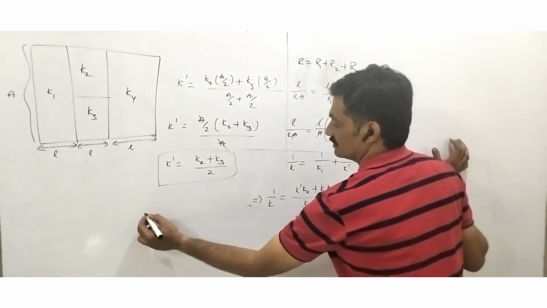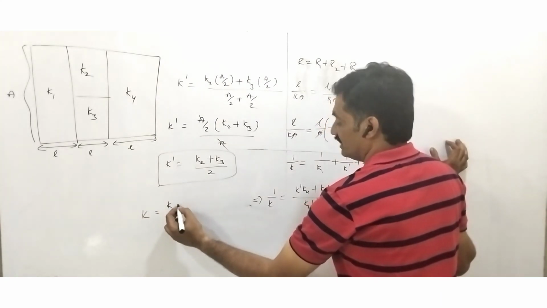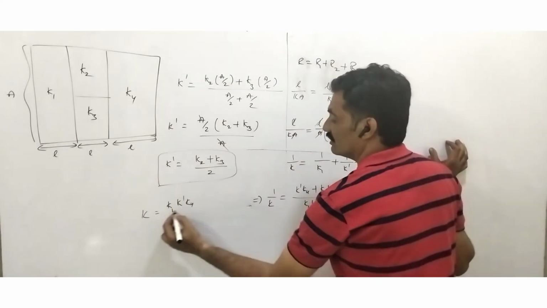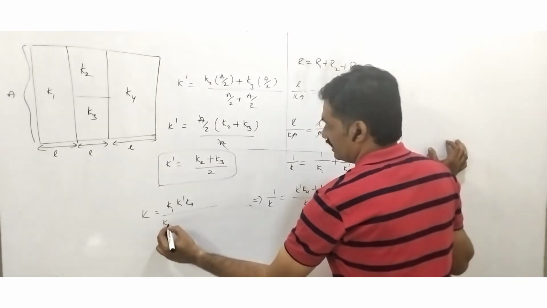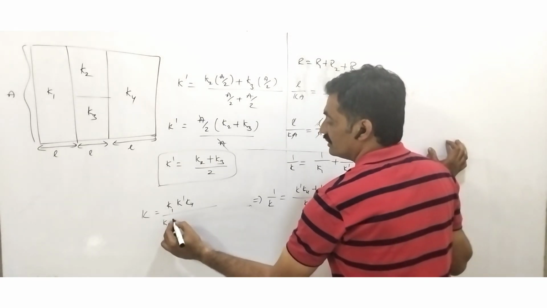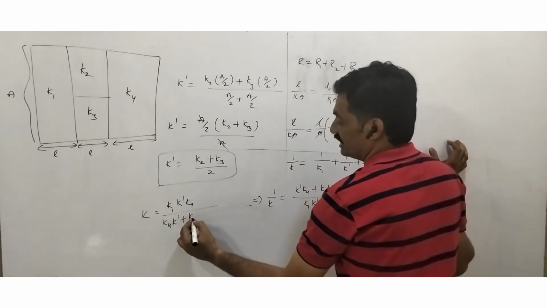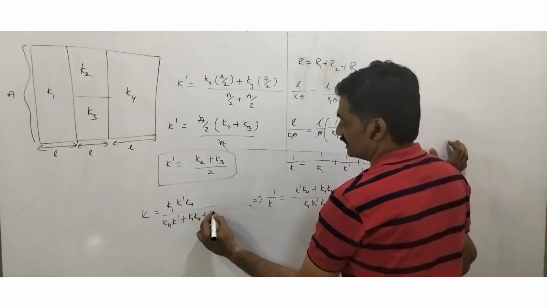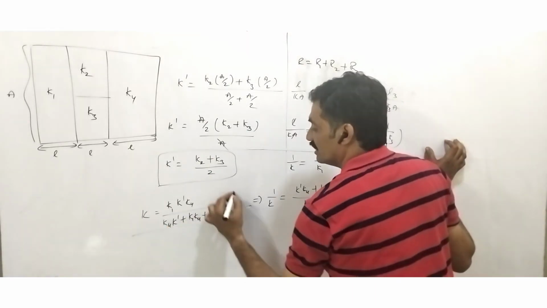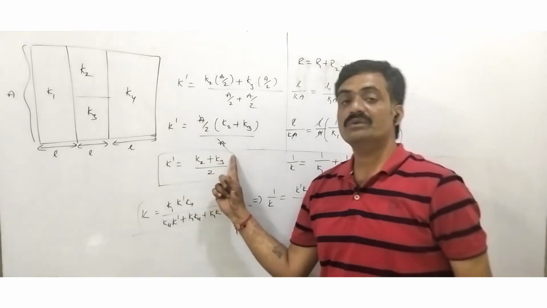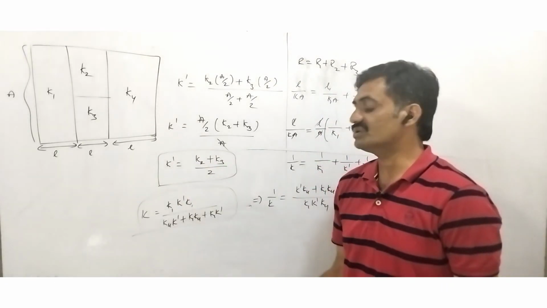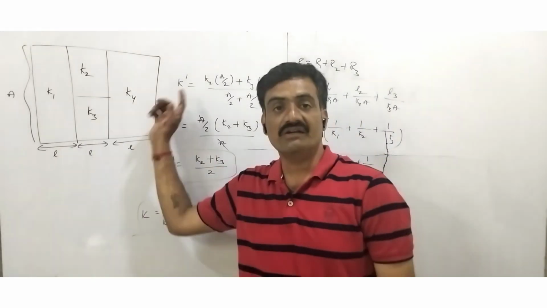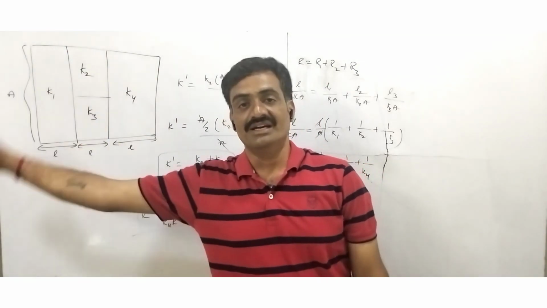Then K equals K1 K dash K4 by (K dash K4 plus K1 K4 plus K1 K dash), where K dash equals (K2 plus K3) by 2. When we substitute this, the resultant thermal conductivity of this combination can be represented.